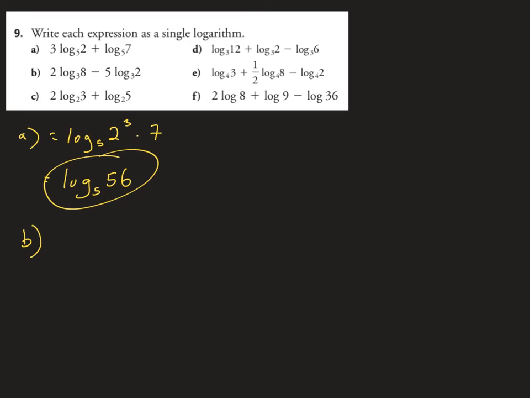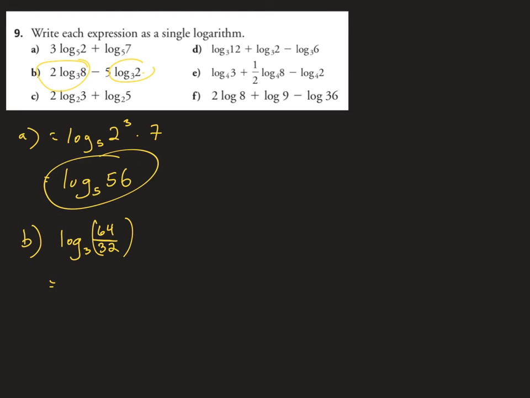Part B, log base 3 of 8 squared, so that's 64. Oops, I should have put that a little higher here, leave myself some room. 64 divided by log base 3 of 2 to the power of 5, which is 32.